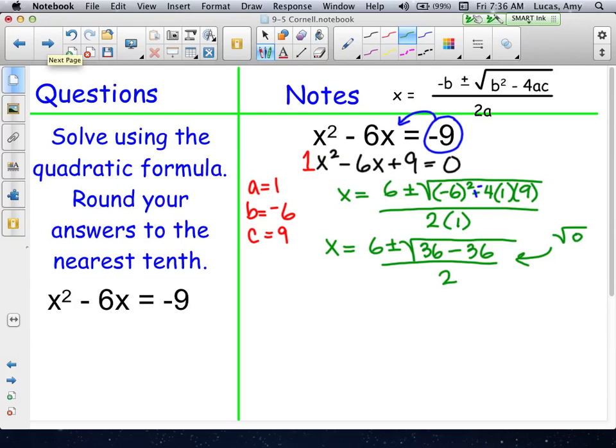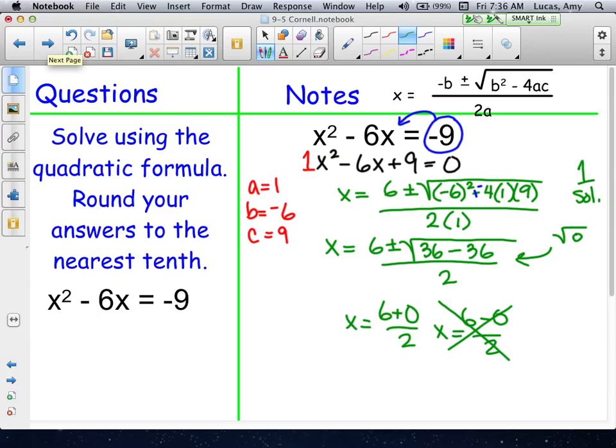And remember, when we've got a discriminant of 0, there's only going to be one solution, because 6 plus 0 divided by 2 and 6 minus 0 divided by 2 would both give me the same thing. So I don't need to solve both of them.